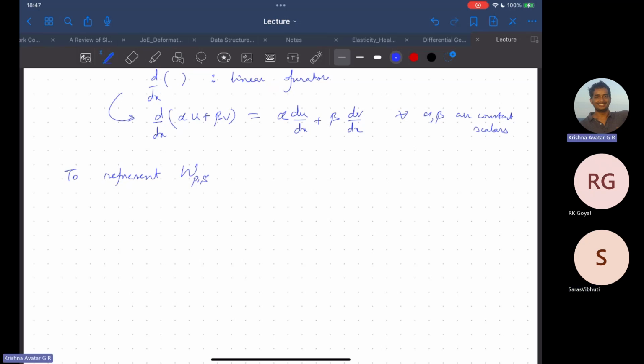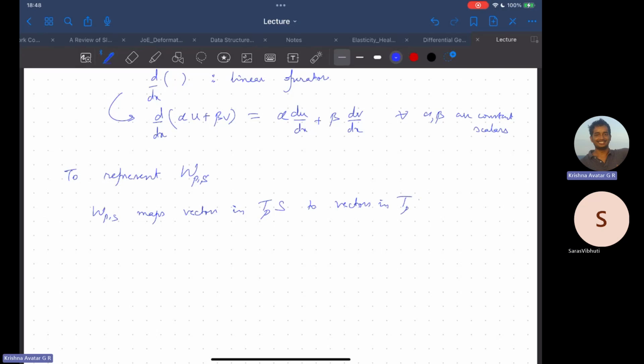What we will do now is that, you know, W_p of S maps vectors in T_p S to vectors in T_p S, right? This we know very well.